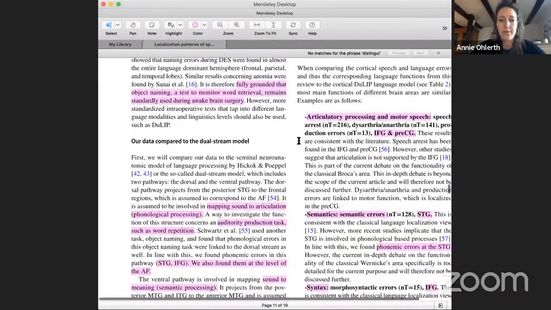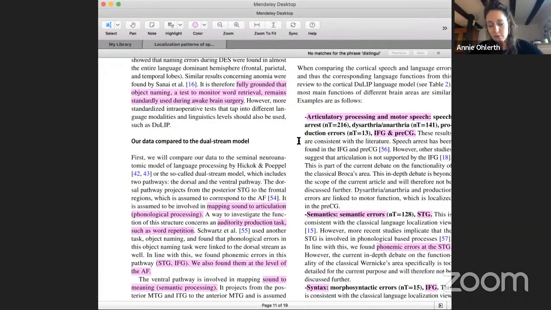So if we have our typical dorsal and ventral stream, the dorsal stream supposedly maps sound to articulation, so phonological processing. Sometimes you can see this in intraoperative data, either if you use a task that specifically tests this, so preferably you would have something like repetition and that would break down, but also you can read that from the errors, for instance, in object naming, if you have phonemic errors.